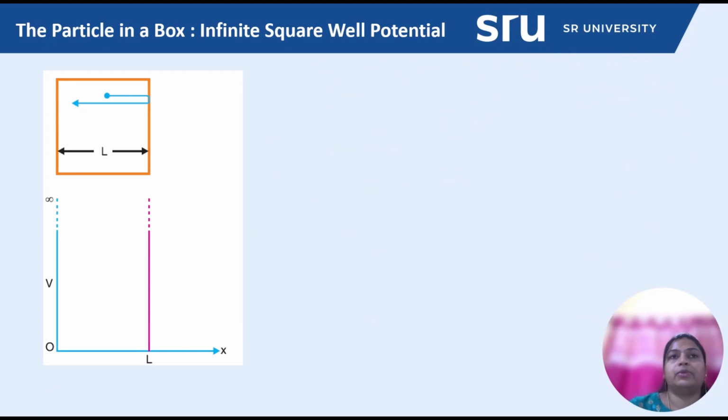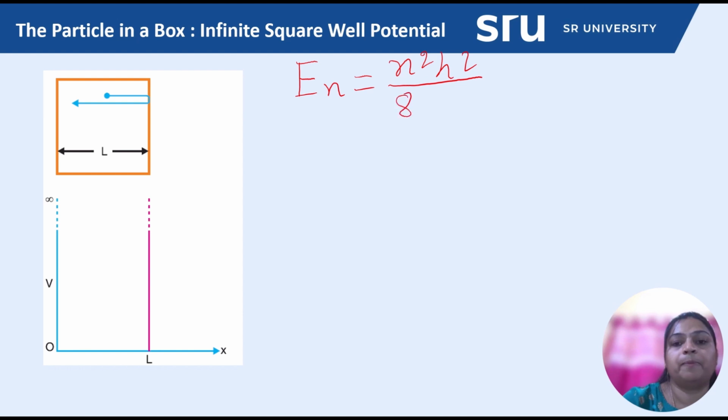Simplifying, En is equal to n square h square divided by 8 m L square. In this one dimensional box the wave function is not that complicated, because we are considering only one dimension.